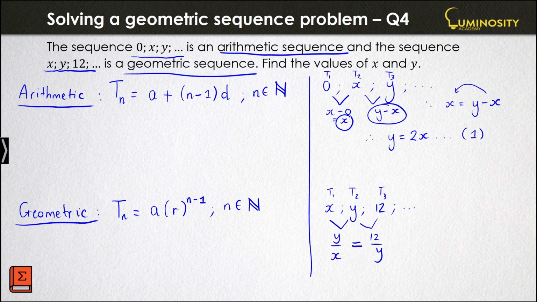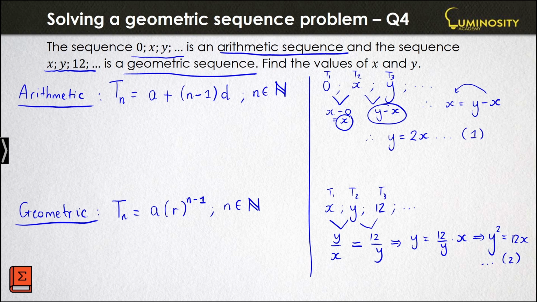So these must be equal because it's a geometric sequence. So if I cross multiply both sides by x here, I then get y equals 12 over y times x, right? Because if I multiply by x on the left, the x in the denominator will cancel. And then if I cross multiply both sides by the y to get rid of that denominator in the right-hand side, I'll get y times y, which is y squared, and that's equal to 12x. So this is our second equation.